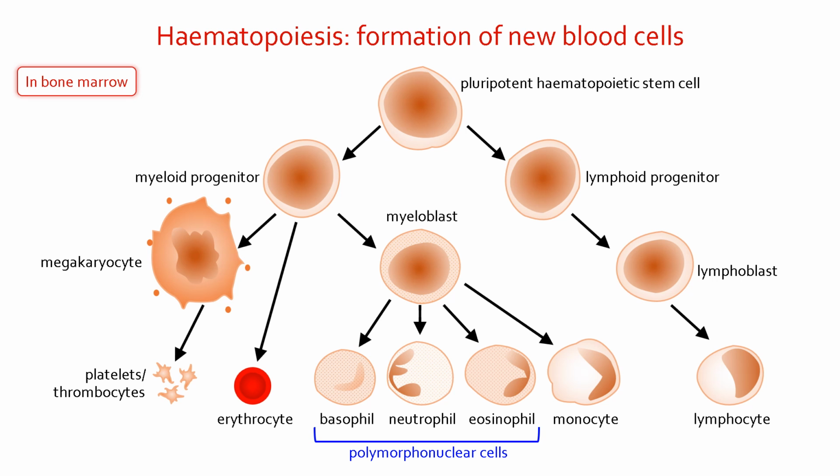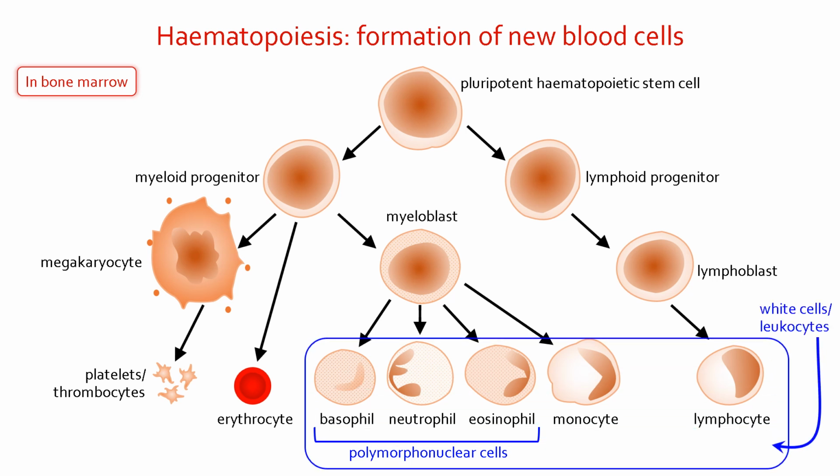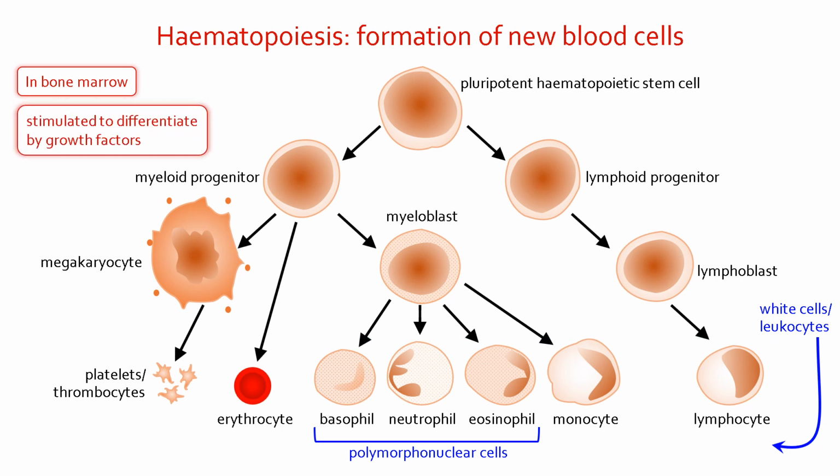The four cell types derived from myeloblasts, along with lymphocytes, make up the white cells of the blood, also known as leukocytes. The pathway that differentiation follows is determined by a range of hematopoietic growth factors that control each step. These, in turn, are subject to regulation depending on the body's needs.